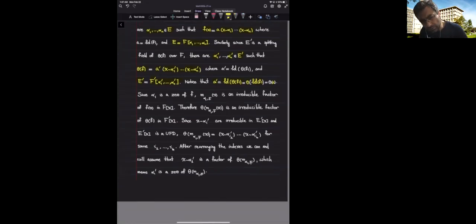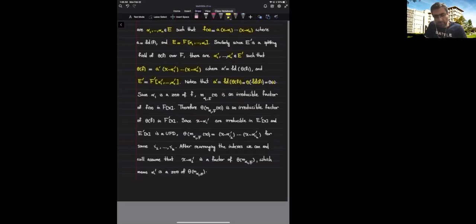Now, what we want to do, you see, at the end of the day, we have theta, and theta only applies to the elements of F. But these alpha i's are not inside F. So what we want to do is take a part, or some irreducible factor, of the polynomial f, irreducible inside F[x]. We want to take that out. One way of doing it, to make it compatible with the zeros of the polynomial f, is by taking the minimal polynomial of alpha 1.